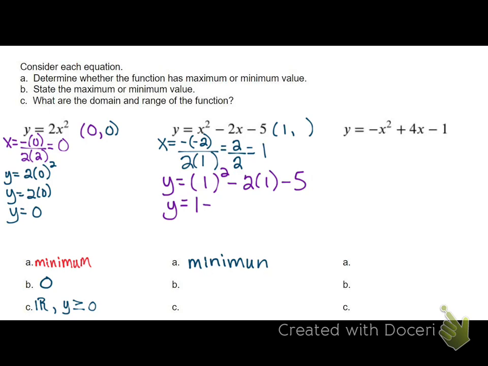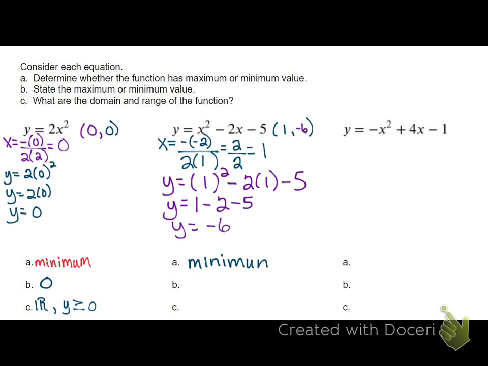Negative 2 times 1? 2. What kind of 2? Negative 2. Negative 2, and then bring down my negative 5. Okay? 1 minus 2 minus 5? 1 minus 2 would be negative 1, and negative 1 minus 5 is negative 6. Thanks, Riley. So your y value is negative 6.